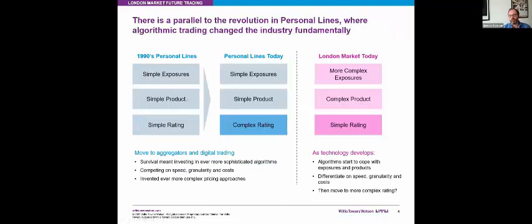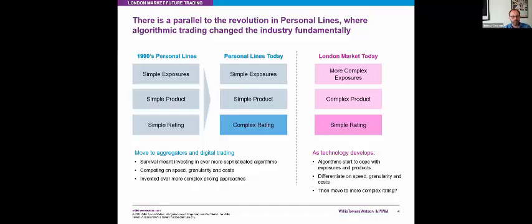And this sits as part of an evolution that started back in the 1990s in personal lines. And I remember when I started my career, to rate a personal motor policy, you used a book. There were 10 different tables as a points-based system, and it was very simple arithmetic to arrive at a premium.